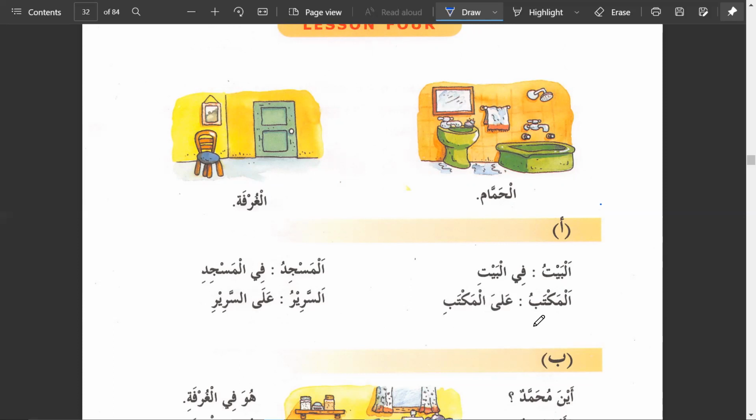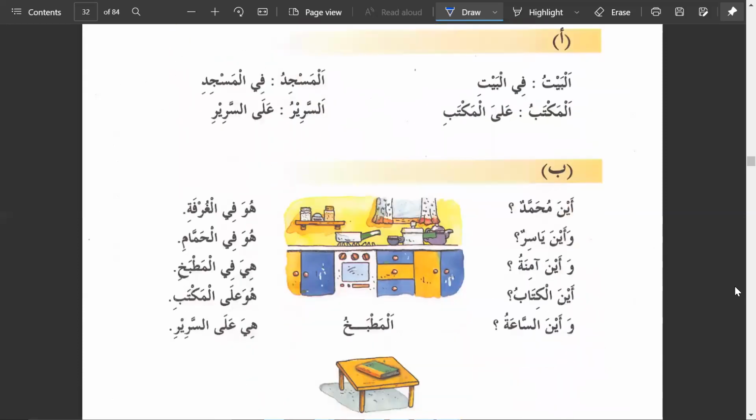So this thing we learned, and we also learned that huwa is a pronoun. Huwa is for he. Huwa means he, and the pronoun for she is hiya. So these things we learned, inshallah.